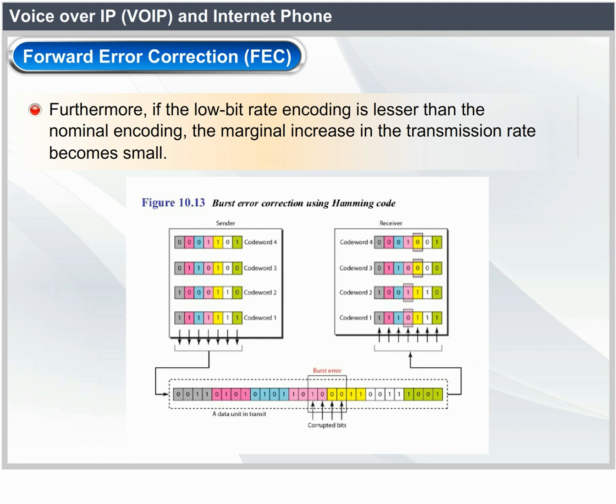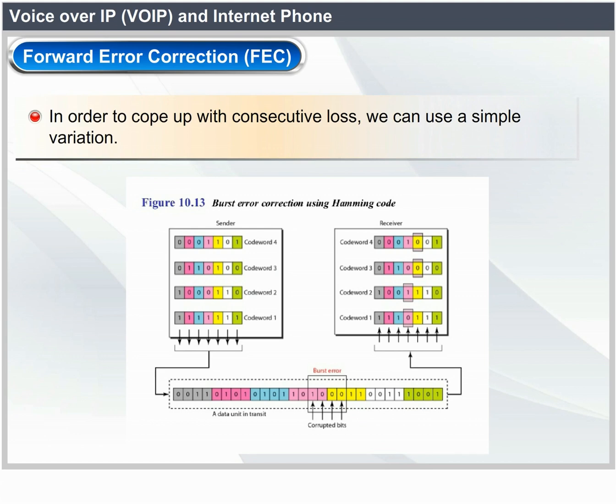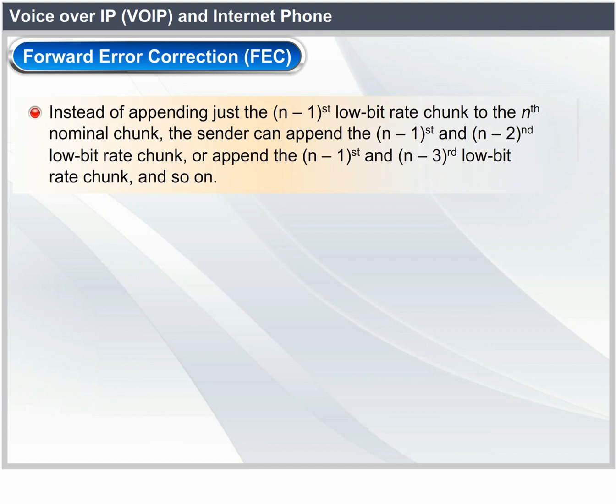In order to cope with consecutive loss, we can use a simple variation. Instead of appending just the (n-1)st low-bitrate chunk to the nth nominal chunk, the sender can append the (n-1)st and (n-2)nd low-bitrate chunks, or append the (n-1)st and (n-3)rd low-bitrate chunks, and so on.